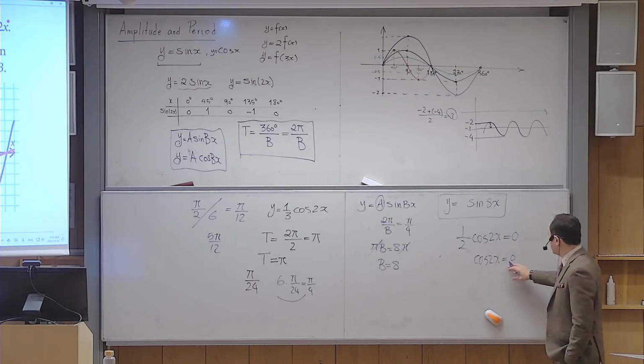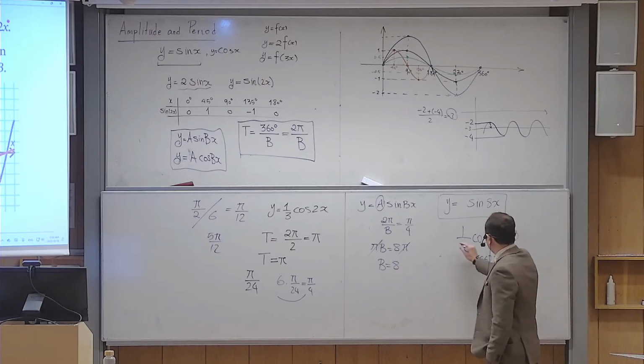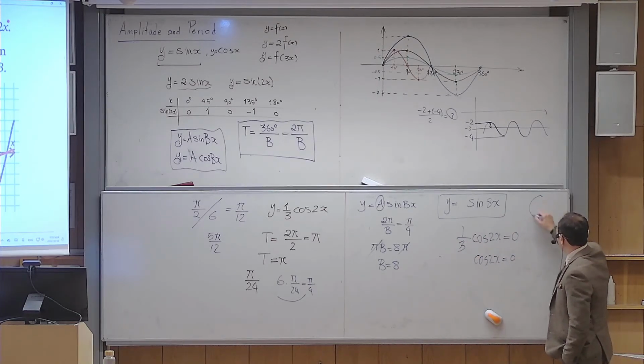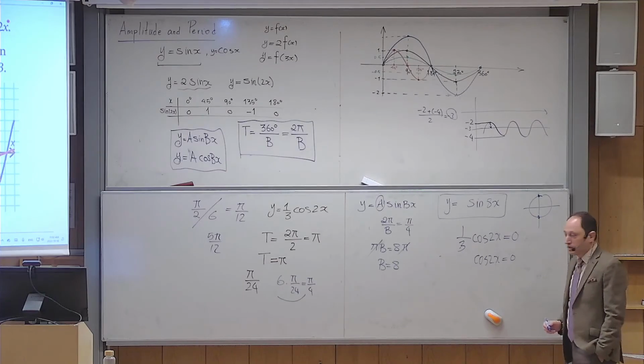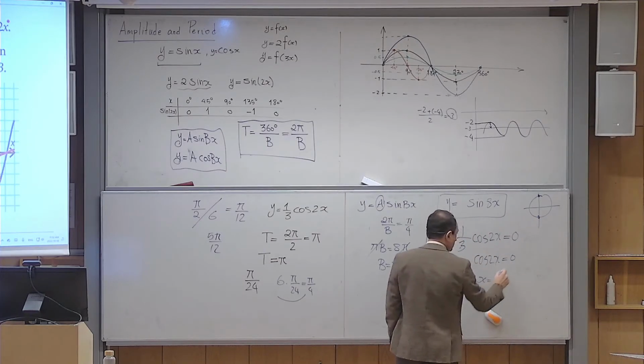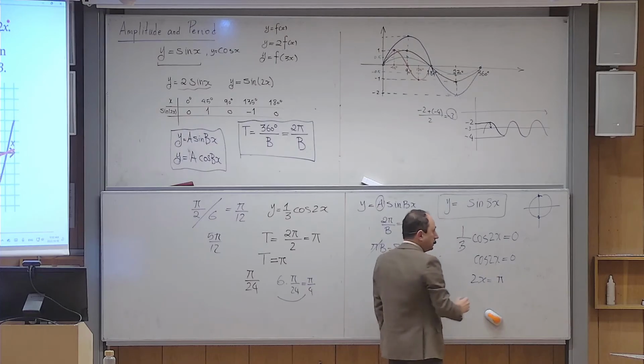And then where is cosine 2x equal to 0? Pardon? But cosine is supposed to be 0. Where cosine is 0, either you are here or there. Yes? But do you remember, you can write 2x is equal to 90 degrees or pi over 2.